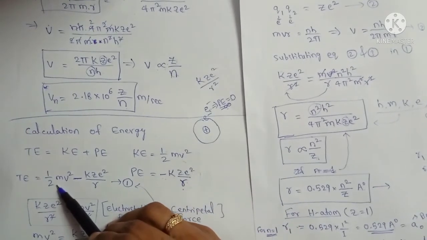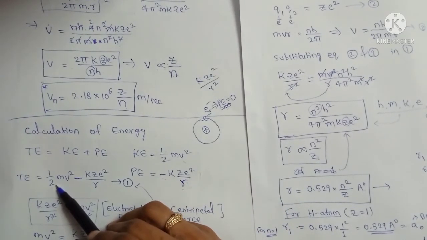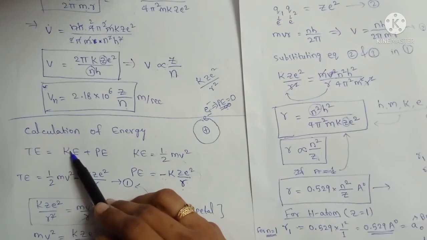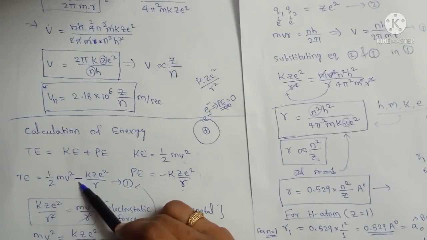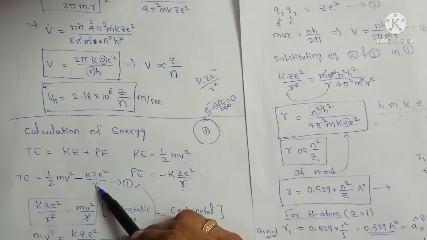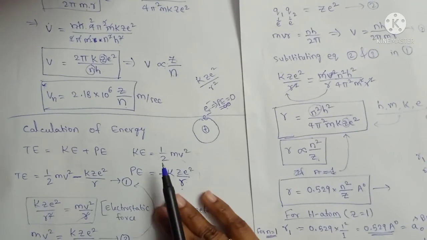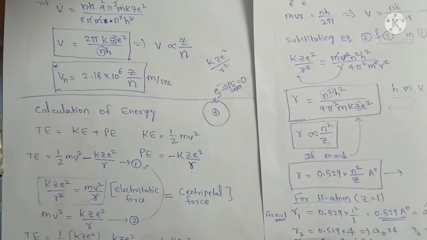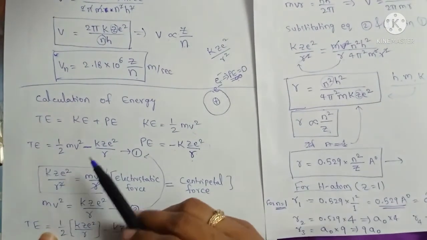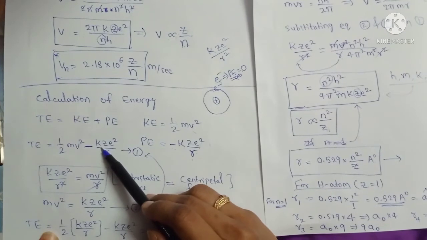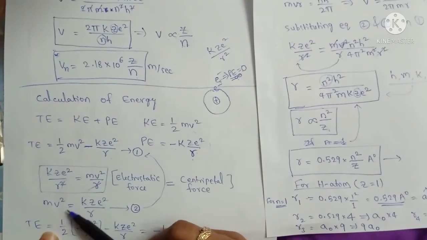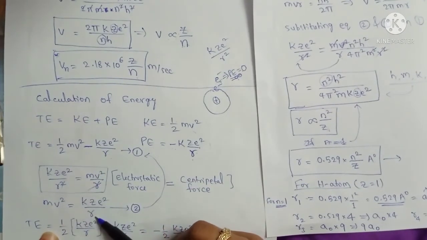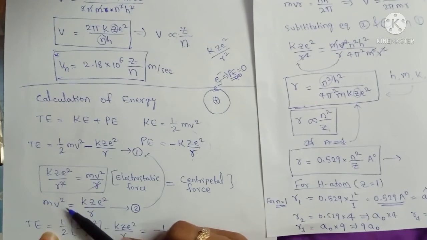And here, by substituting potential energy and kinetic energy in the total energy equation, kinetic energy is half mv square and potential energy is minus kZe square by r. So we will get the total energy equation by solving this equation. In this equation we can substitute mv square equal to kZe square by r. How is this coming?